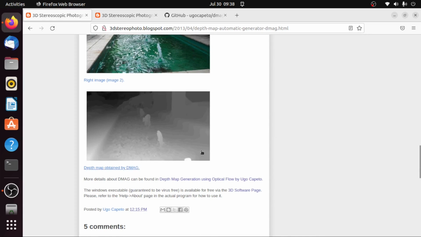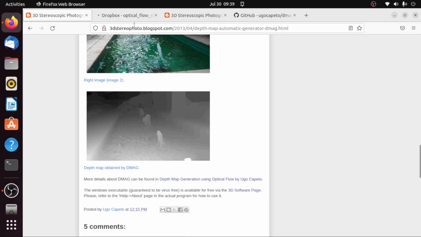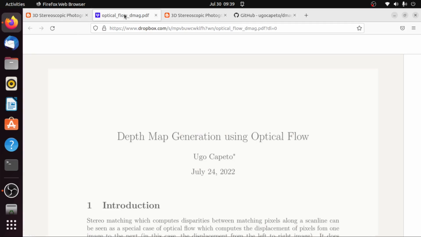Then, what I did is I wrote a PDF that explains how to use DMAG, in particular the input file. So let's have a look at that. Okay, so this is the document.